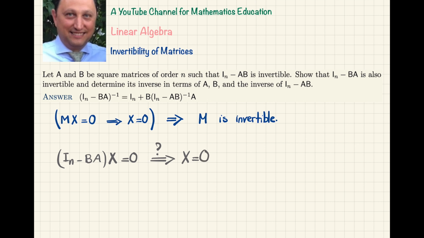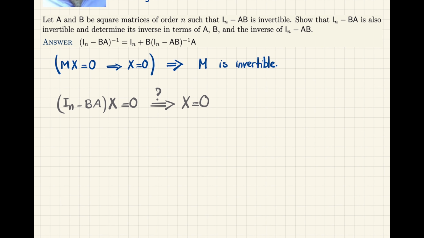If the answer is positive, then it means that this matrix that you see here is invertible. Okay, so let us see how can we do that. Of course, I need to relate this problem somehow to invertibility of this matrix. Okay, let us just start.